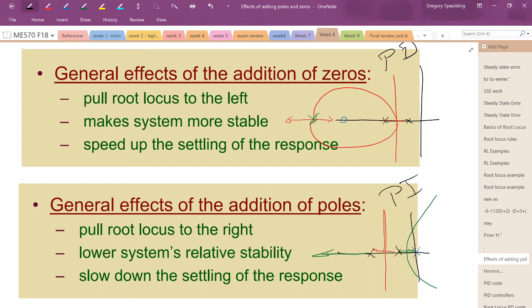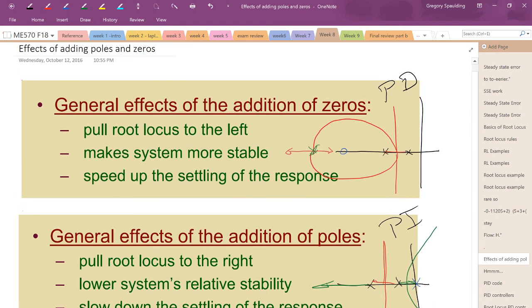Now, these are general effects. Remember, general effects. We can do more with these, but in general, the zero pulls the root locus to the left, makes the system more stable, and speeds up the settling of the response. And adding a pole, assuming we're adding it as a free integrator, pulls the root locus to the right, lowers the system's stability, and slows down the settling of the response.